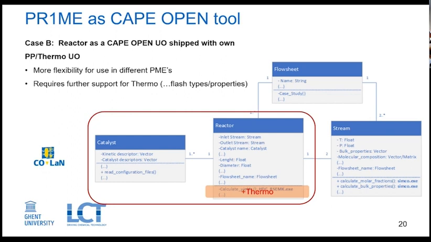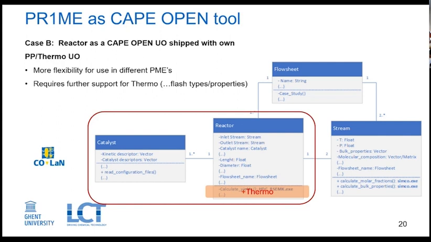Case B would be the reactor as a Cape Open unit operation shipped without a property package, with thermo units. In this case, that would bring more flexibility to use in different process modeling environments. The disadvantage is that it requires support for thermo.